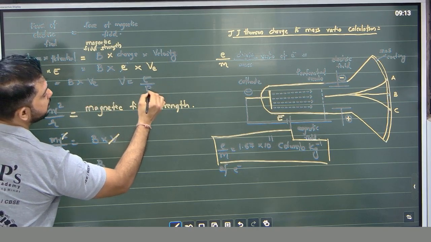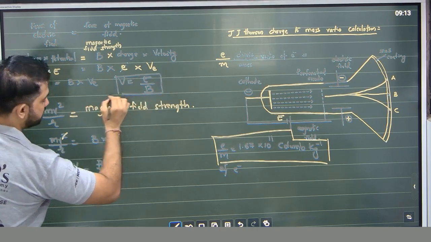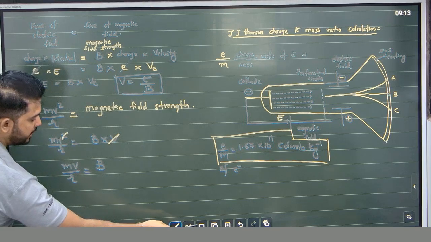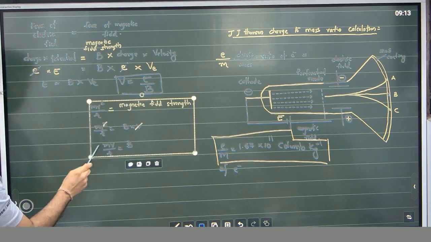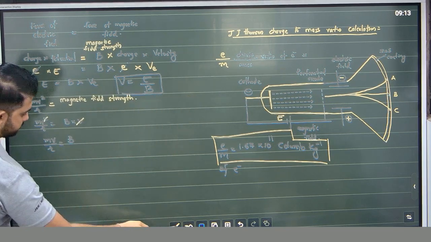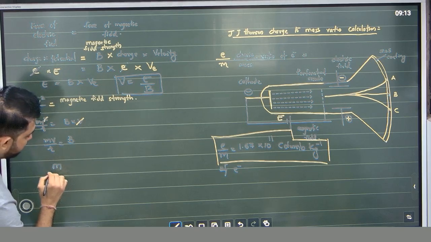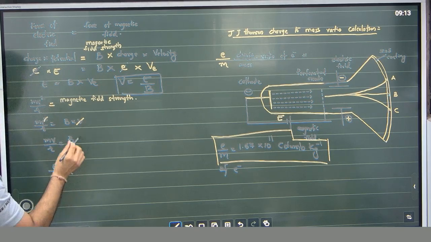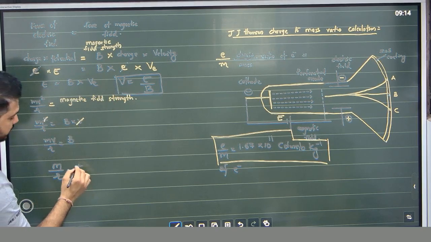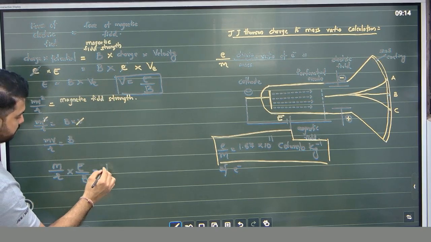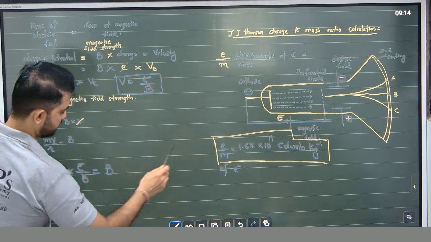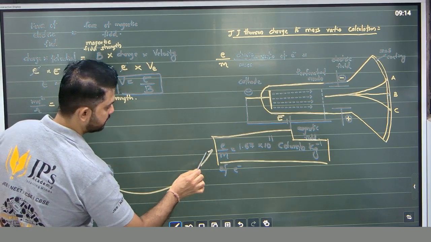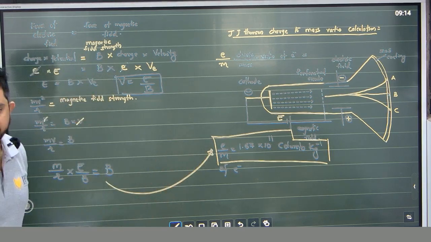E by b. Substitute v as E by b. Therefore, m by r into E by b is equal to b. Using this, you can find the charge to mass ratio.